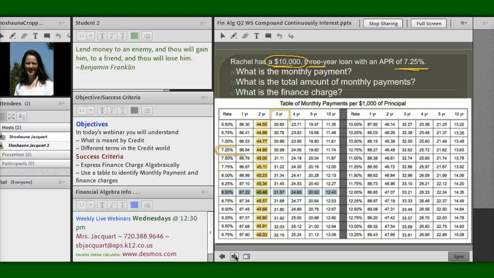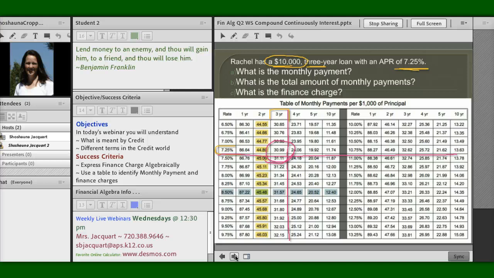I need to change my colors because that's not super obvious. What we want to identify is, what does this little number here mean? What does that number have to do with anything?